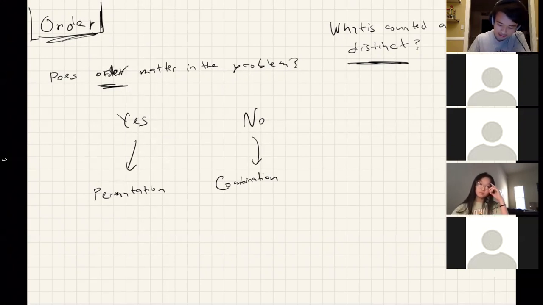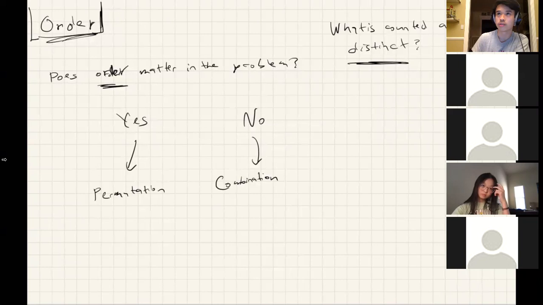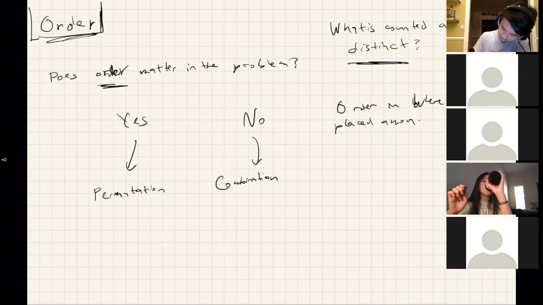But anyways, a lot of times the order in which things are placed among each other matters.